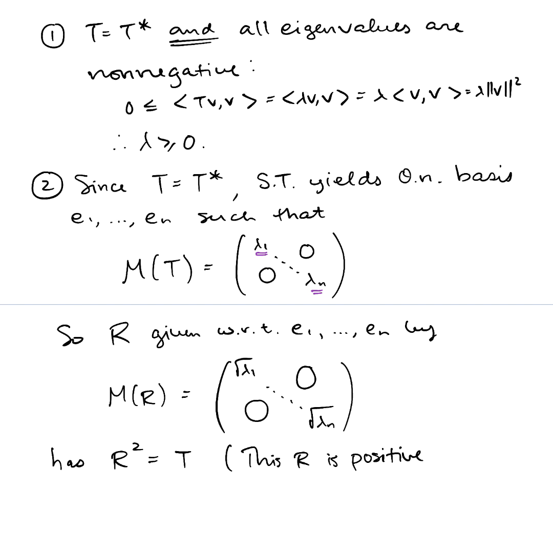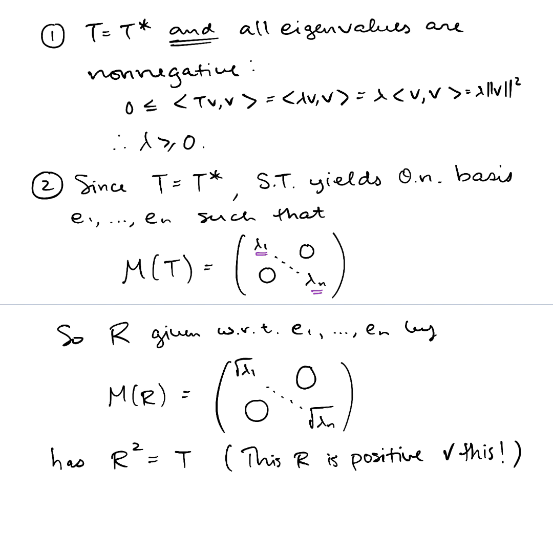It equals its own conjugate transpose in matrix form. But also, the other part of the definition of positivity is met. You should check that. But it really is. That R, where you just square root all the stuff down the diagonal, that is a square root of T. Perfect.